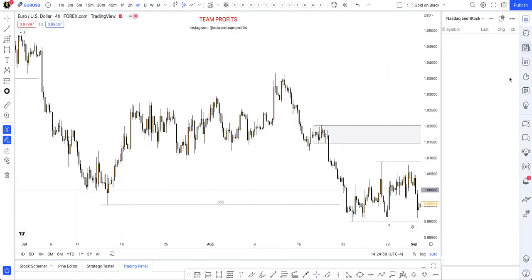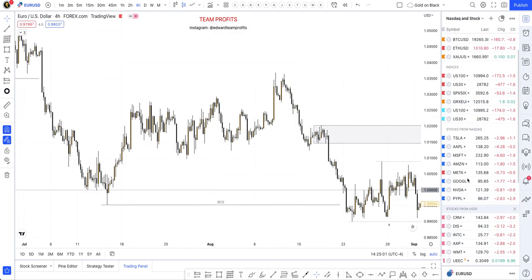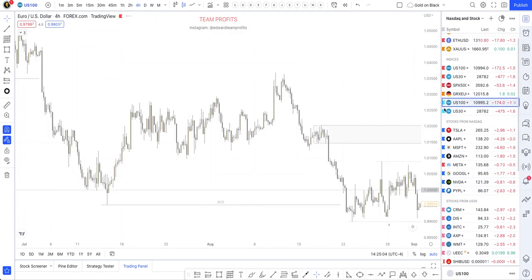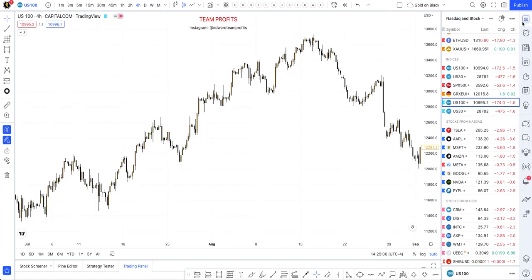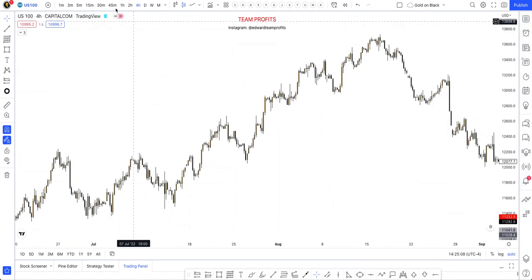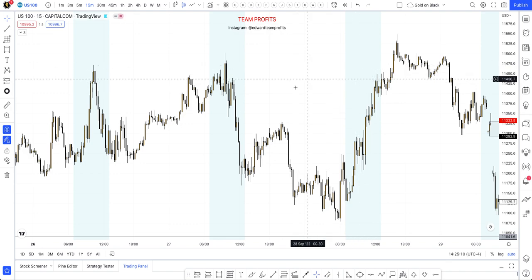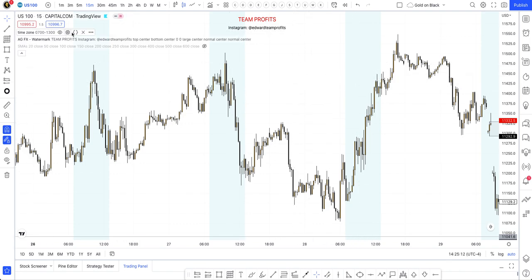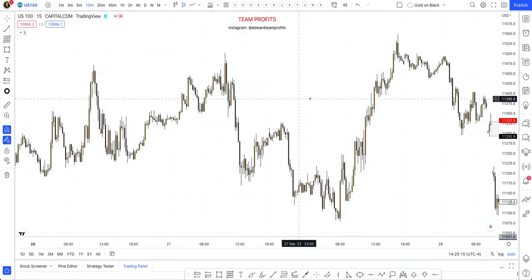Let's go ahead and jump perhaps into an indice. Let's see. Right, let's try to go to a smaller time. Let's go 15-minute time frame, and let's see what we can catch.